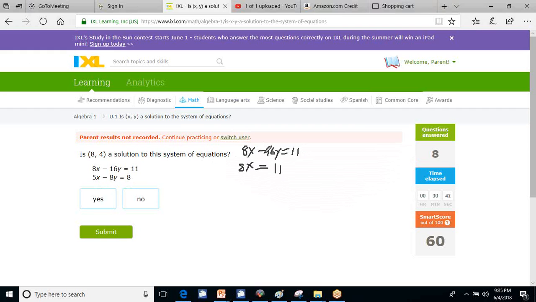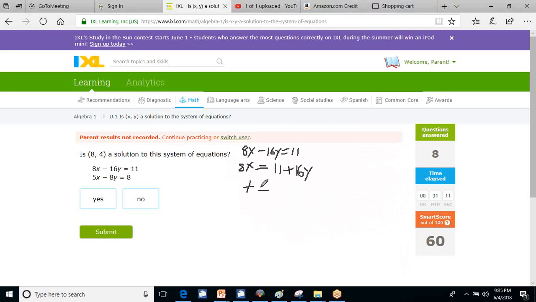If we take the minus 16y to the right hand side, it becomes positive 16y. If we want x, then we have to divide both sides by 8.